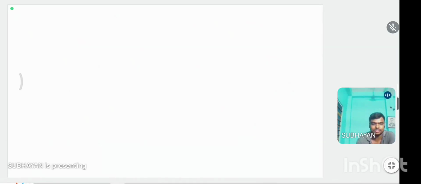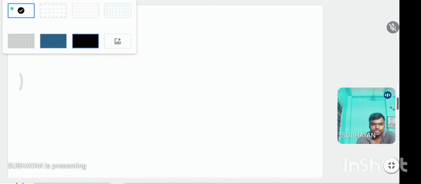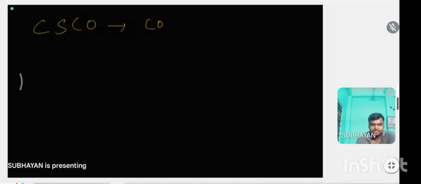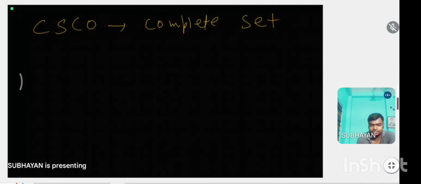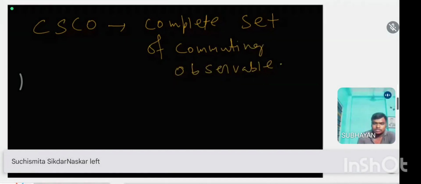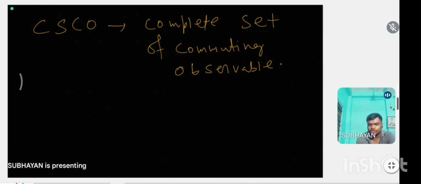CSCO, what does it mean? CSCO is a complete set of commuting observables. So clearly they have the commuting property, but they may not have the properties of satisfying a group. Otherwise, it would have the name complete group of commuting observables.